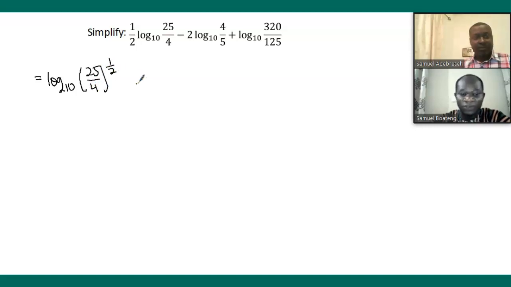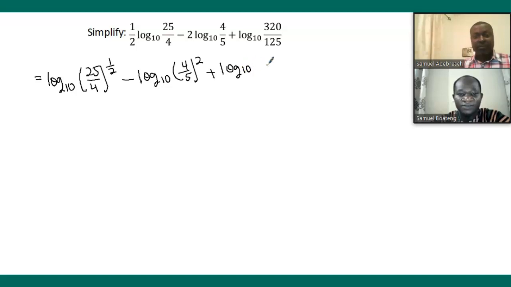Yeah, that is one of the laws. Minus log to the base 10, bracket open, 4 on 5 all raised to the power 2, is also one of the laws, plus log to the base 10, bracket open, 320 on 125.